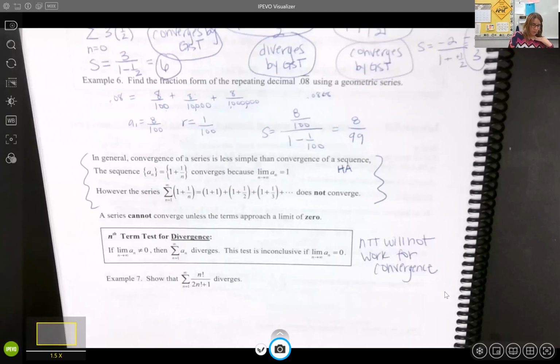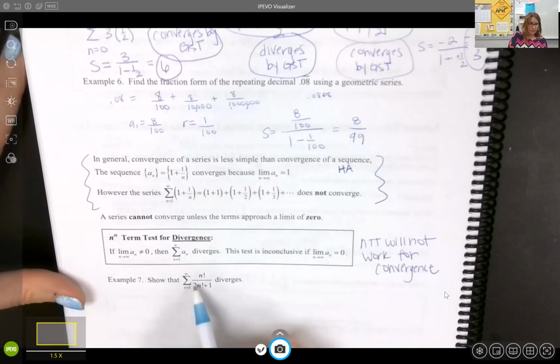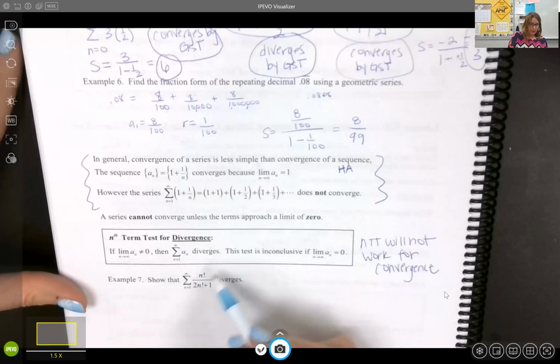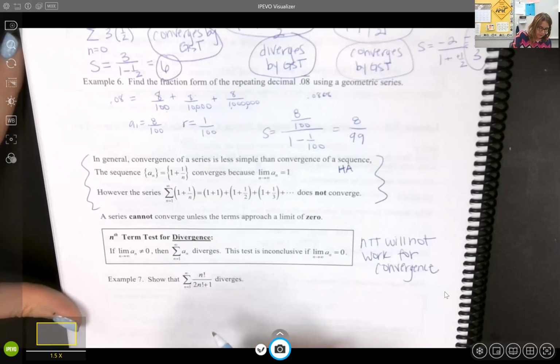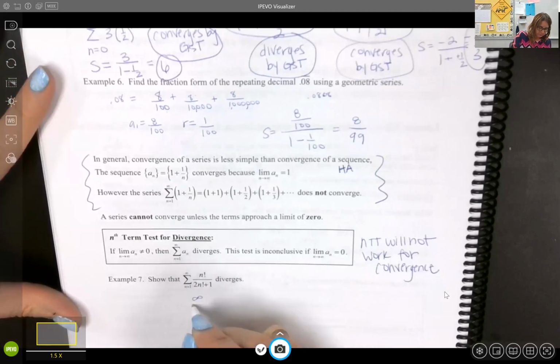Basically, I'm asking, is the limit as n approaches infinity 0? So is the horizontal asymptote 0? Is it slow over fast? Looking at this one, the power and n factorial are the same. Let me show you how to do your notation.